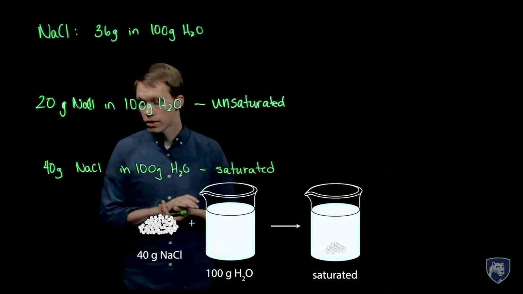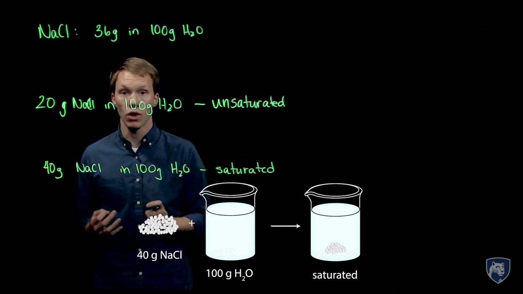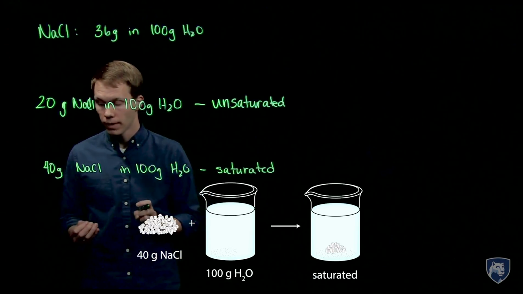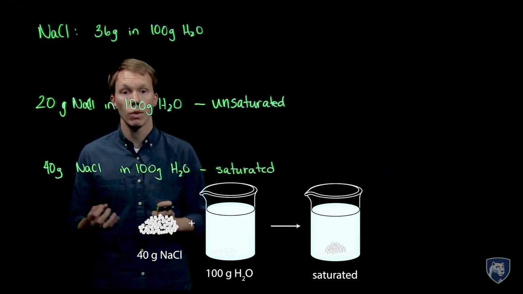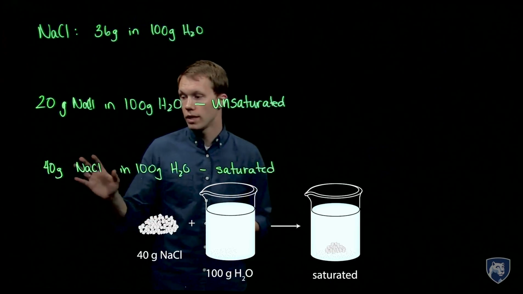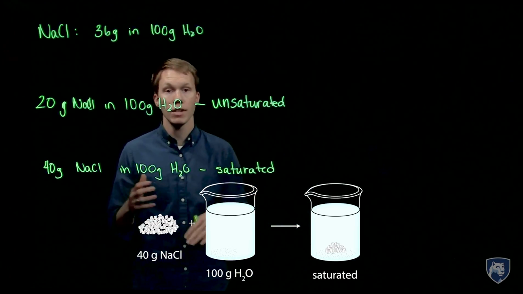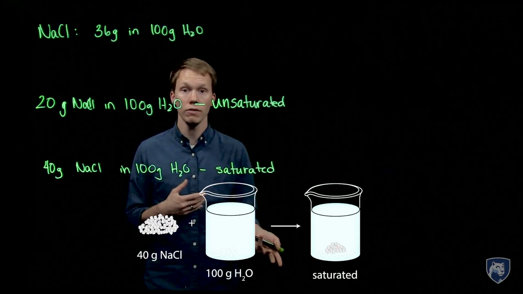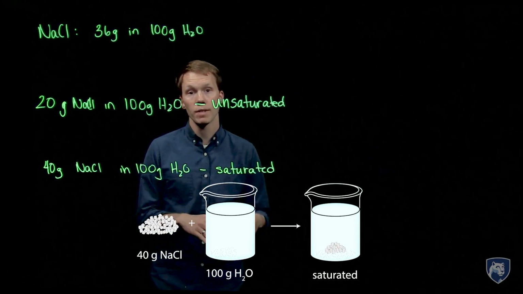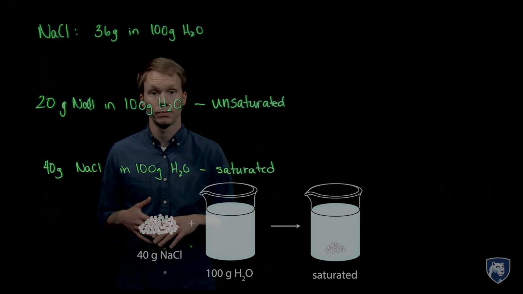So a saturated solution is one that contains the maximum amount of solute that can be dissolved, and often solid will remain on the bottom of that flask. So if we have a container and I put the 40 grams in, 36 would completely dissolve, but there would be 4 grams of solid remaining on the bottom of my beaker.